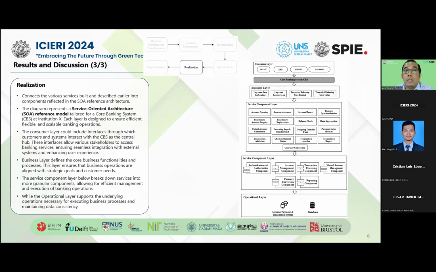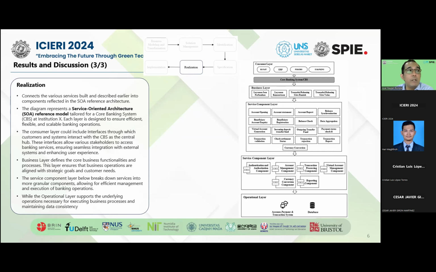The business layer defines the core business functionalities and processes, ensuring that operations align with the strategic goals and customer needs. This alignment is crucial for maintaining operational efficiency and customer satisfaction. Moving on to the service component layer, it breaks down services into more granular components, allowing for efficient management and execution of banking operations.